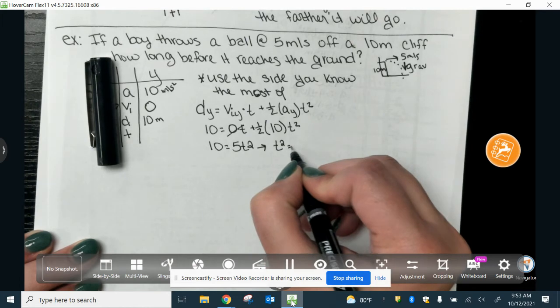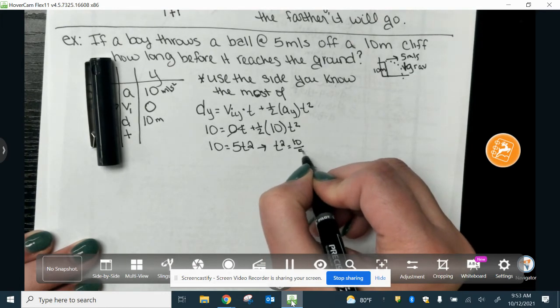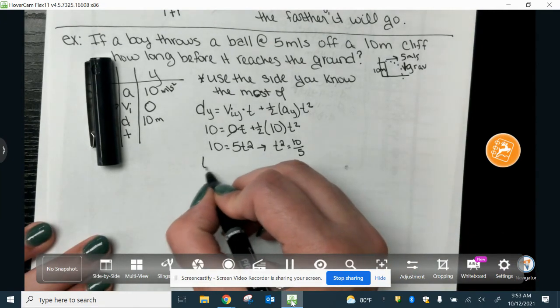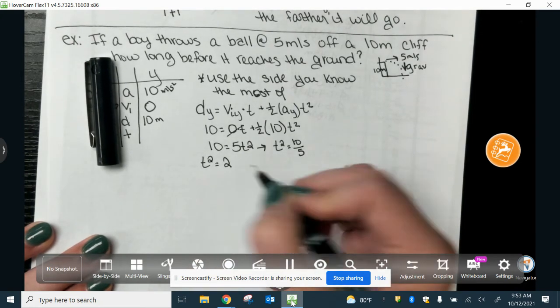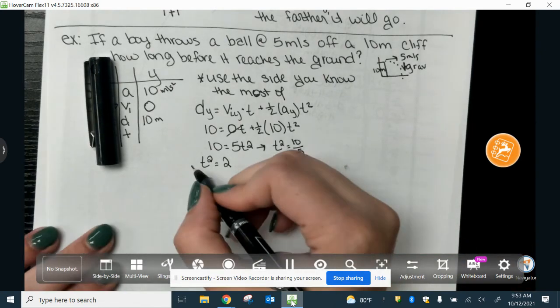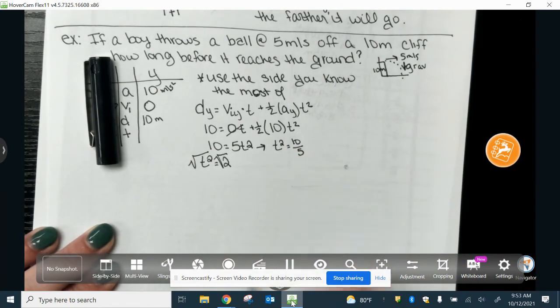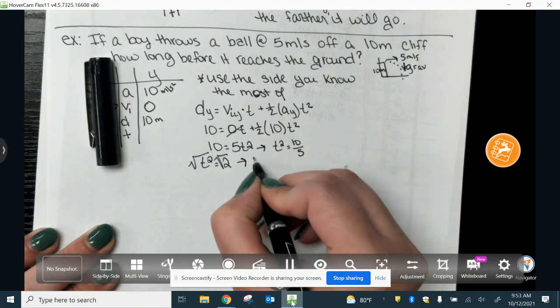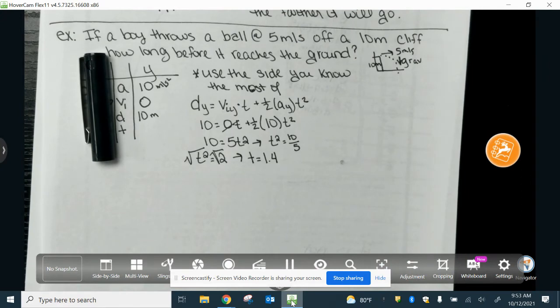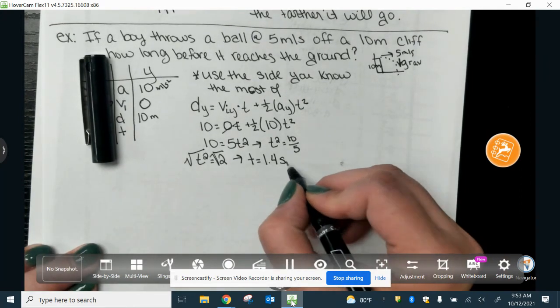So my t squared is equal to 10 divided by 5, which is 2. So t squared is equal to 2. I don't want t squared, I want time, so we're going to square root both sides. 1.4 and some change is my time. It takes 1.4 seconds for that ball to hit the ground.